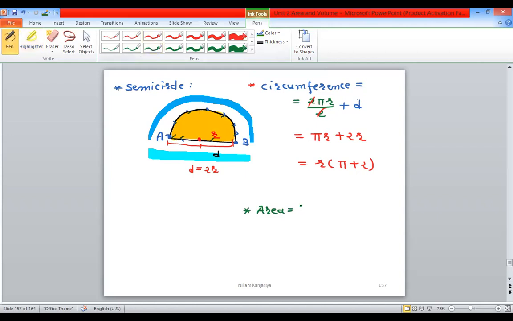So the formula is area of circle divided by 2. I'm writing directly: area of circle is pi r square, and by 2. This is the formula for the semicircle.